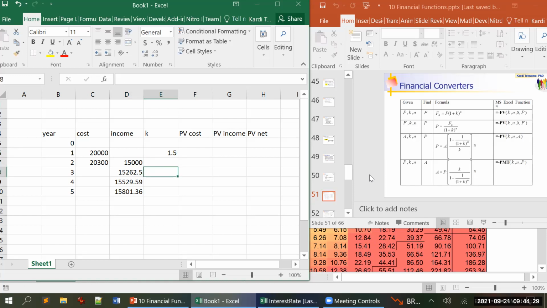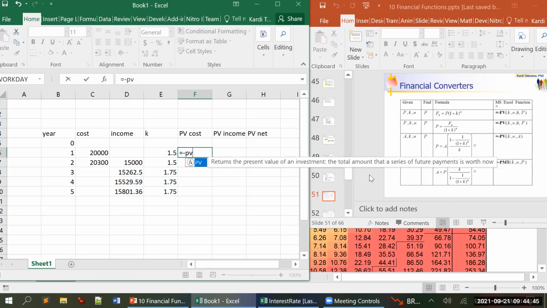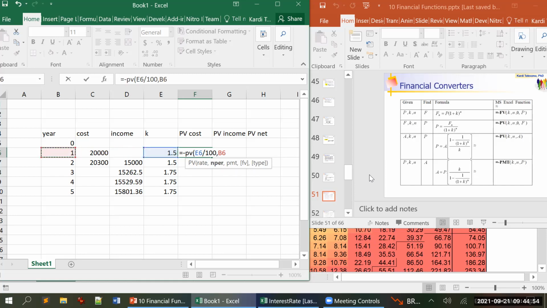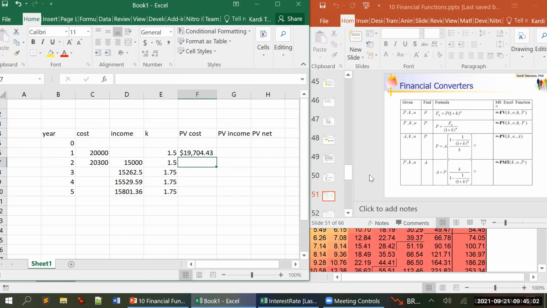And then here the K is 1.75. So there, minus PV of the K divided by 100, N is this one, 0, comma the F.